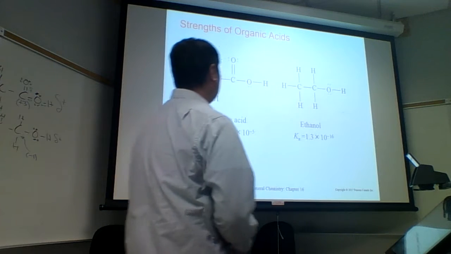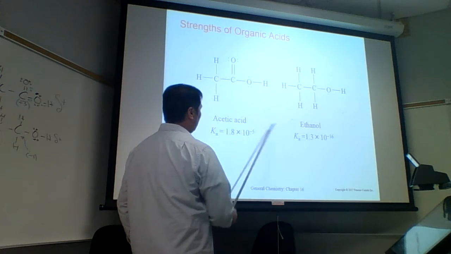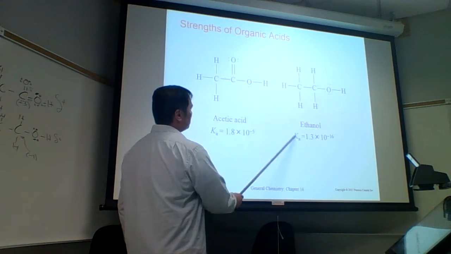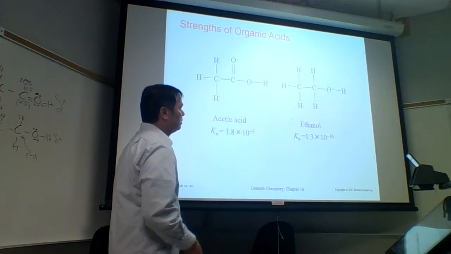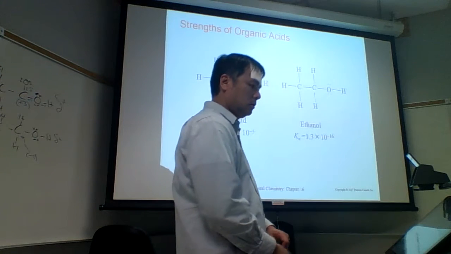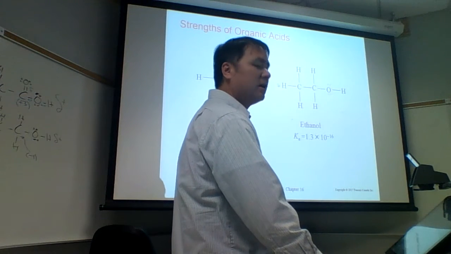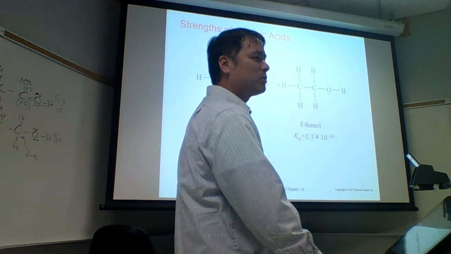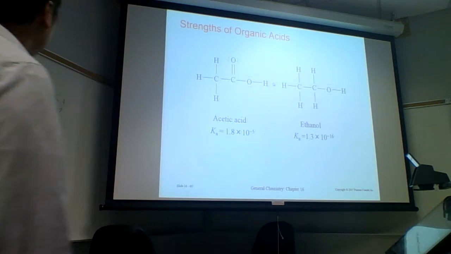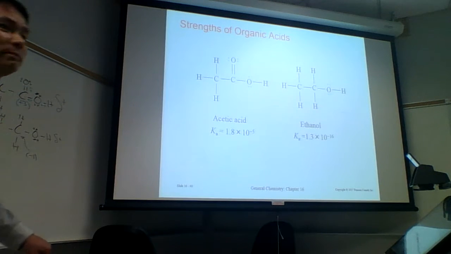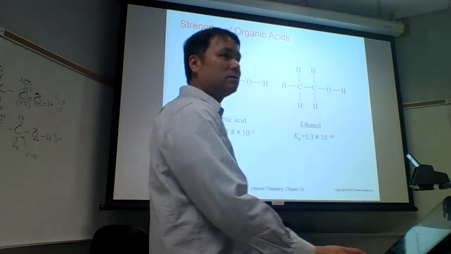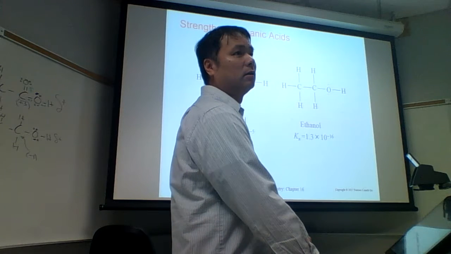Here we can see that acetic acid is like 1 trillion times stronger an acid than ethanol. One trillion times stronger. Well, one factor is the polarity. How much more attractive is that proton? Is the proton 1 trillion times more attractive than this proton? Maybe. Are there other factors? Uh-huh. Because ethanol doesn't mix in water?